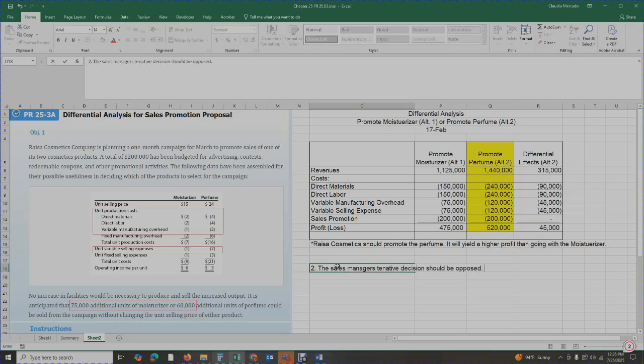We're not going to agree with it. I misspelled tentative. The sales manager erroneously considered the full unit costs instead of the differential.